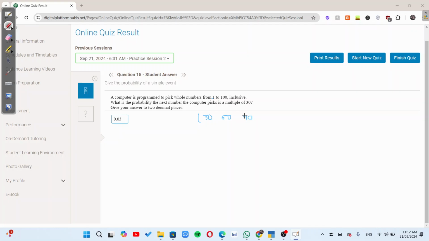You could do 4 times 30, but you'd get 120, which is over 100. So these are the 3 values that would be multiples of 30. Since you have only 3 out of 100 values, you get 3 out of 100, which will be 0.03 as a decimal. So yeah, that's it for this question.